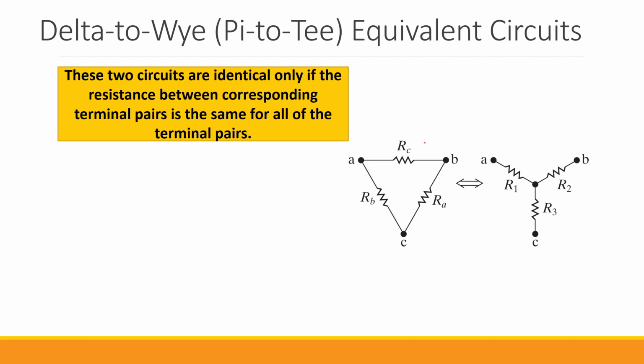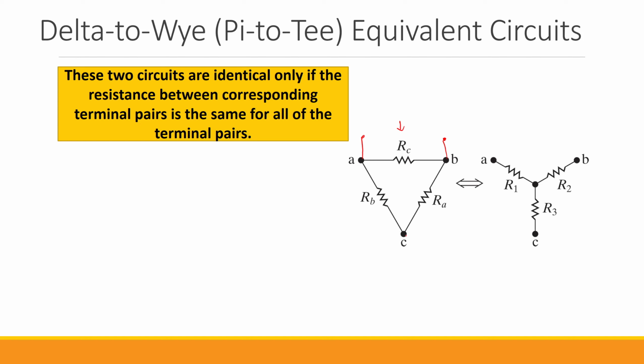So if we are looking at these two terminals, right? And let's assume that C is up in the air, it's not connected anywhere. What do we see? From this point, we see that we have RC in parallel with the series of RA and RB.